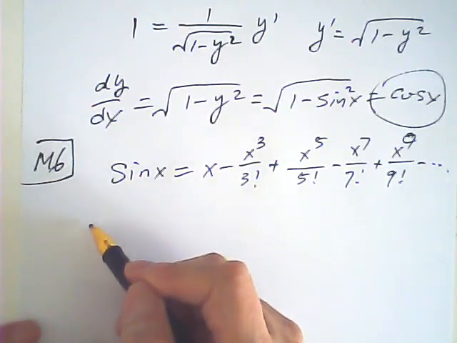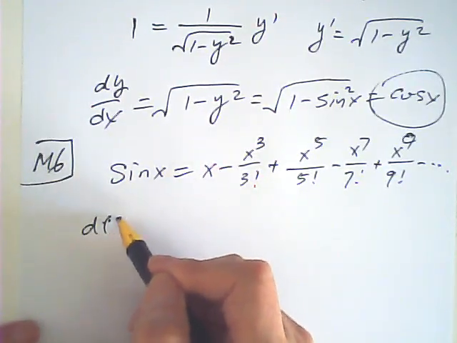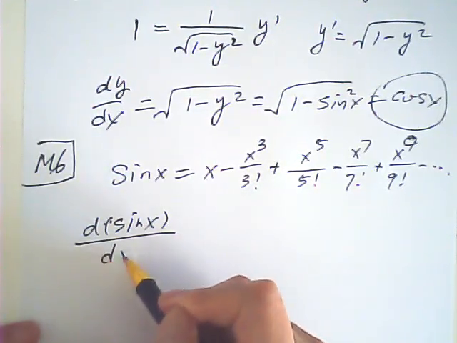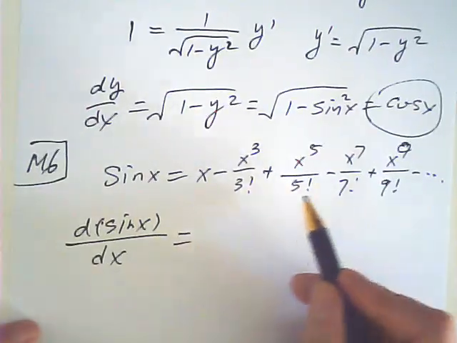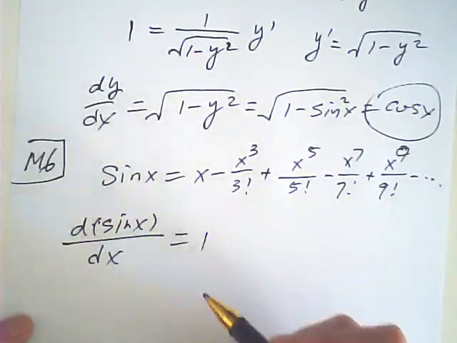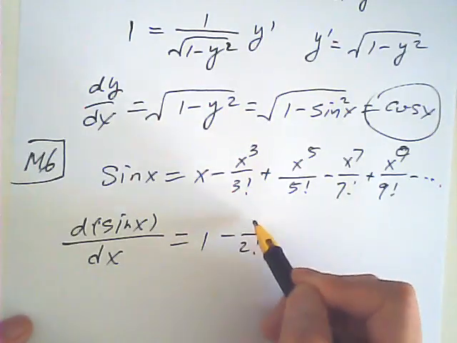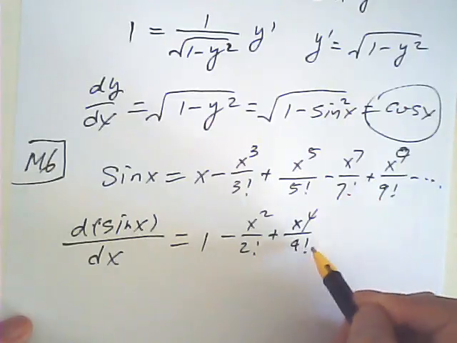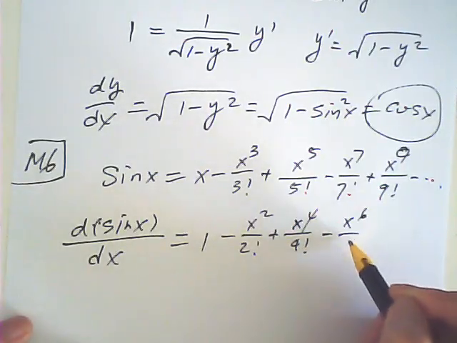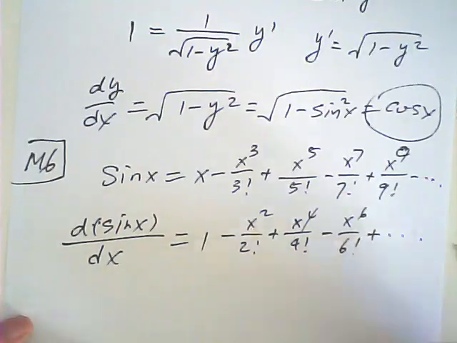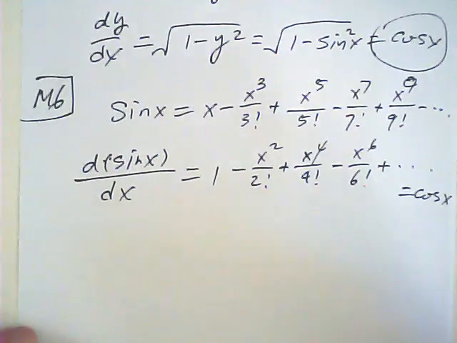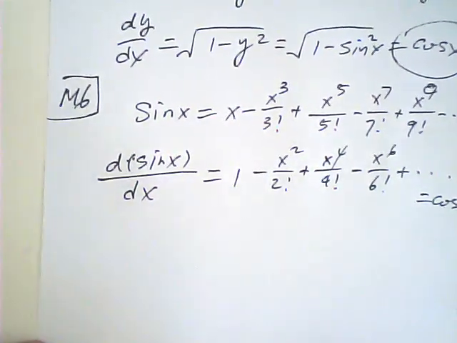Right, and then take d sine x dx. We take the derivative with respect to x. So this is 1, this is x squared over 2 factorial, minus x to the 4 over 4 factorial. Okay, that is cosine.